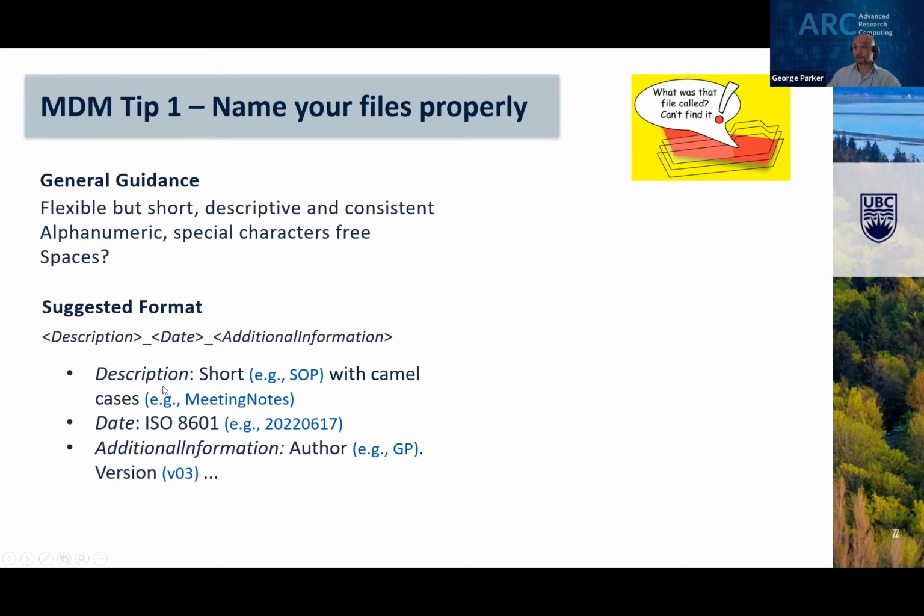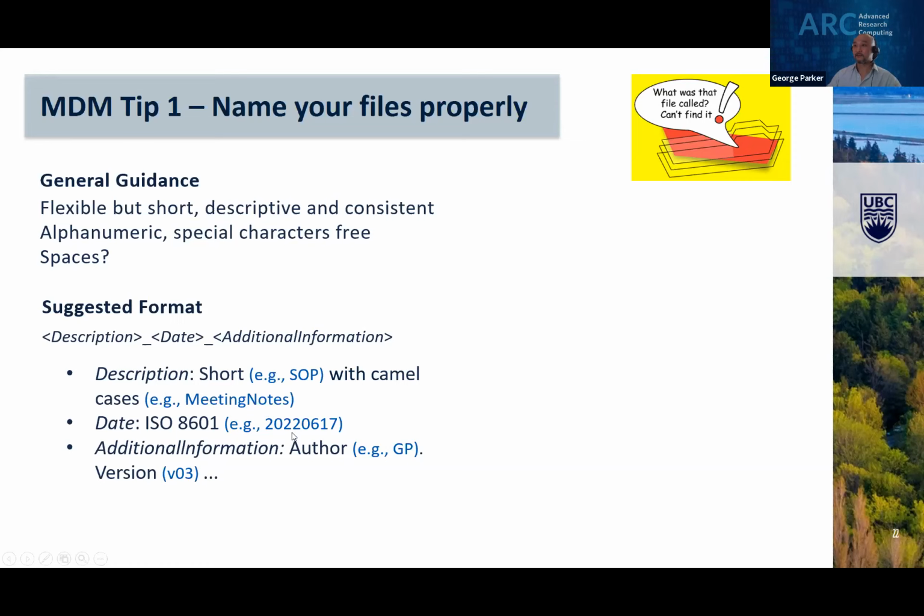For description, it should be short. For example, you probably want to use SOP instead of standard operating procedure. You want to use camel case, which is a combination of upper and lower cases, to avoid spaces. Here's an example. For the date, you want to stick with the ISO standard for the date format.